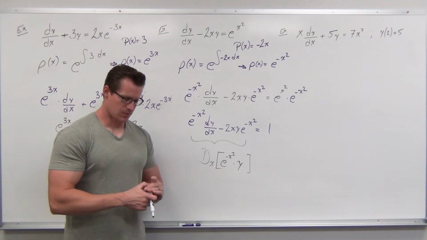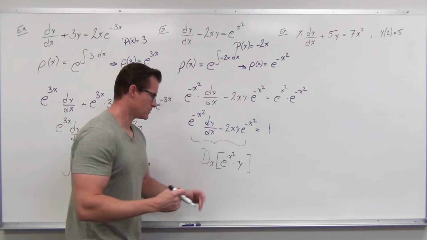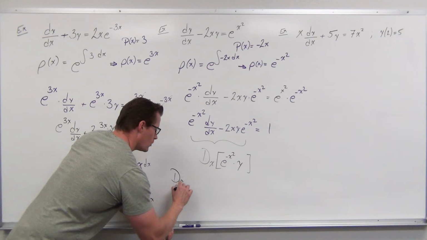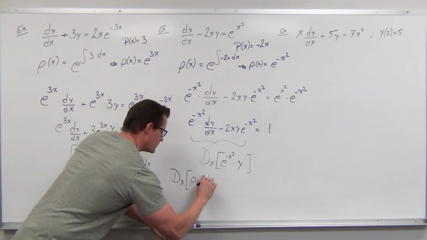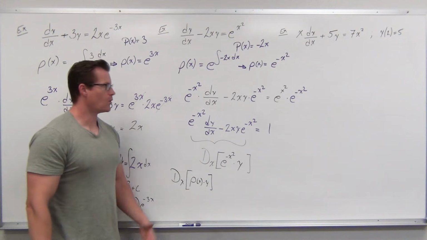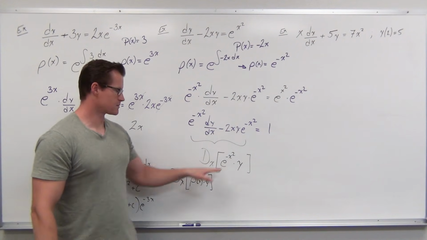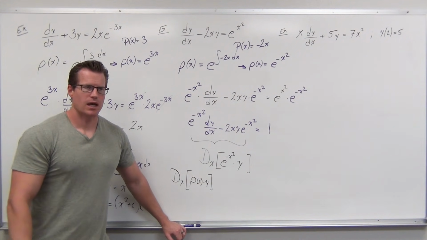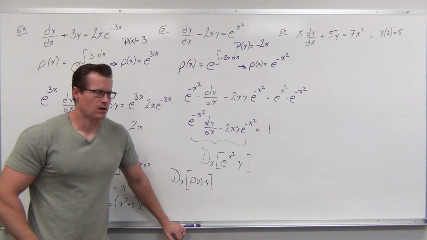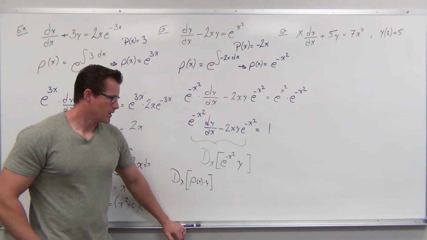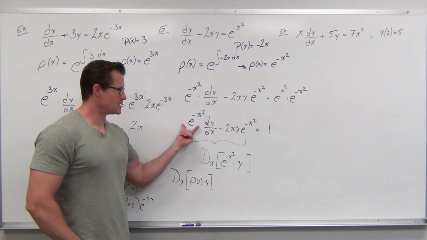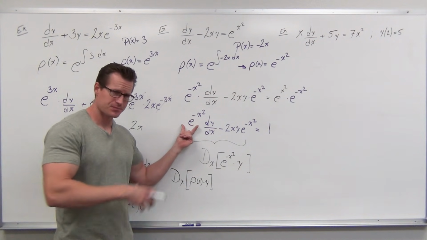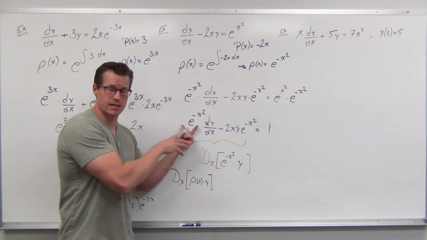So most of the time the textbook will just tell you this is always going to be that. It's always going to be rho of x times y. That's true. And you can do math that way and not understand how to look at it. But the reason why is because this piece would be the piece when you take a product rule that you're not taking a derivative of.